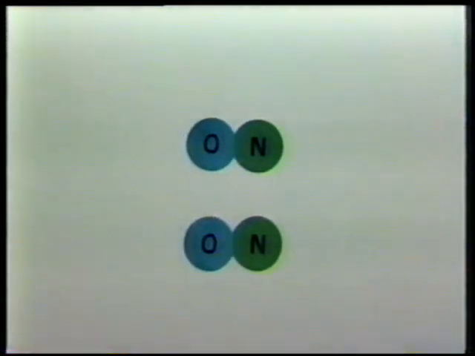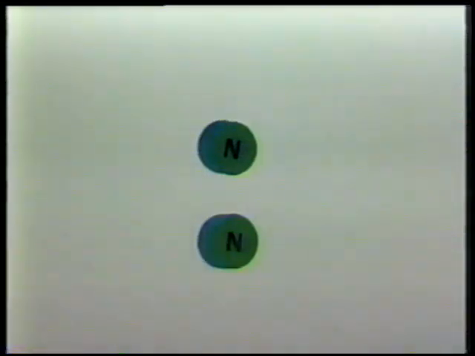The chemical compound nitric oxide is written in chemical notation as NO. By watching how the atoms of O2 and N2 combine, you can see that the result is 2 volumes of NO.